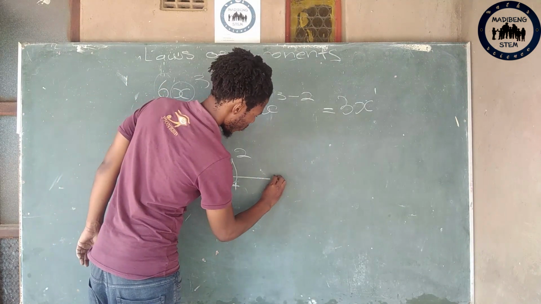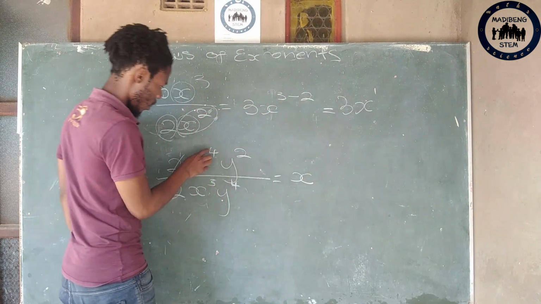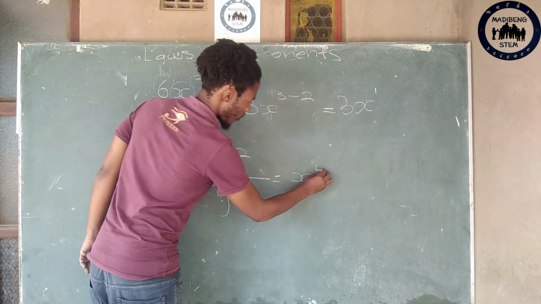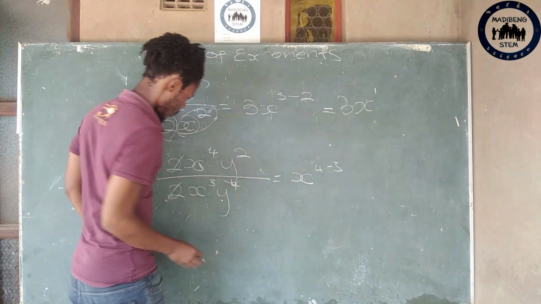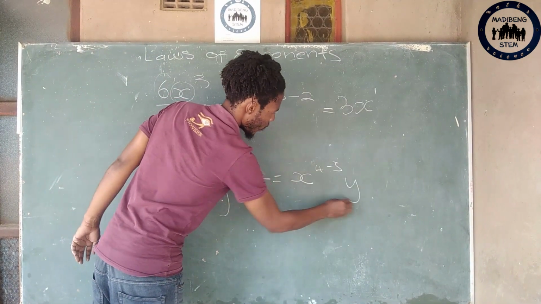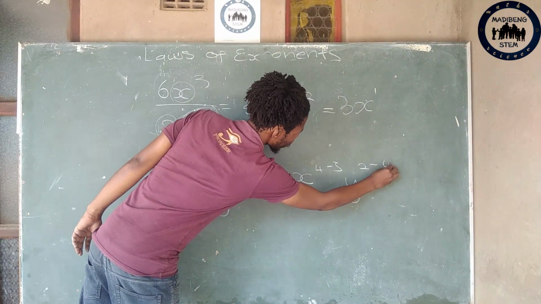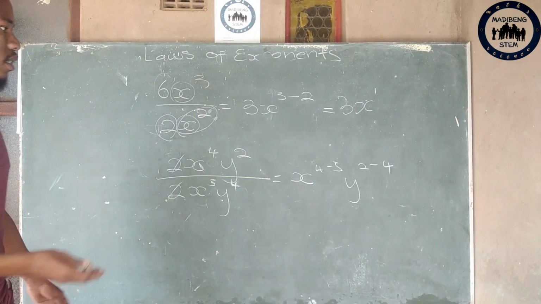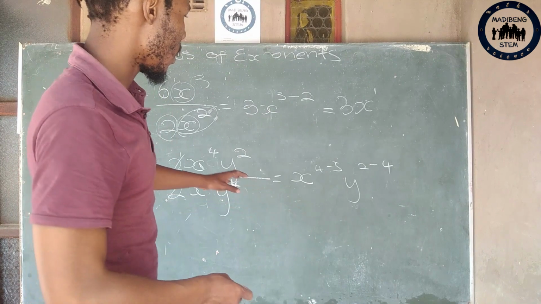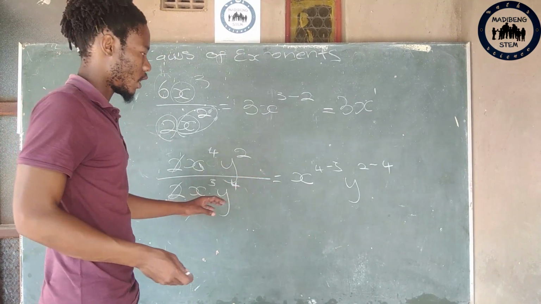So let's subtract our exponents: 4 minus 3 for x, and 2 minus 4 for y. In this case, we're going to end up with a negative exponent.